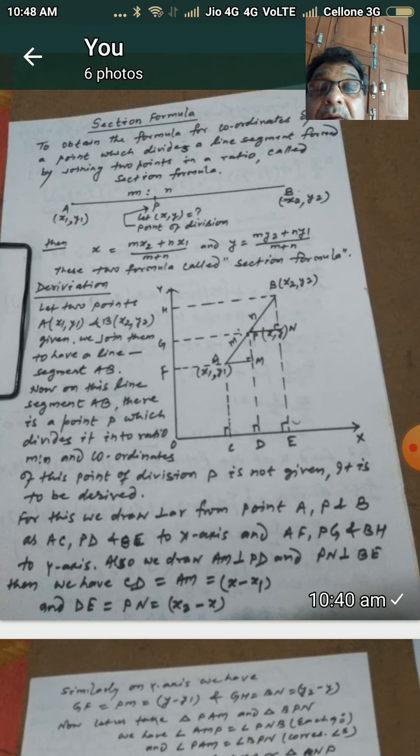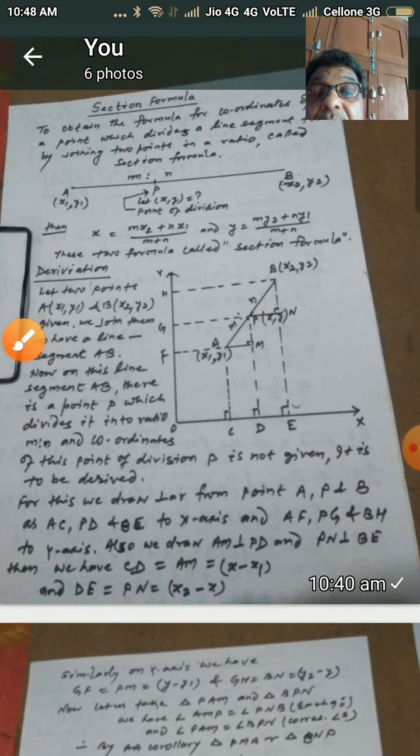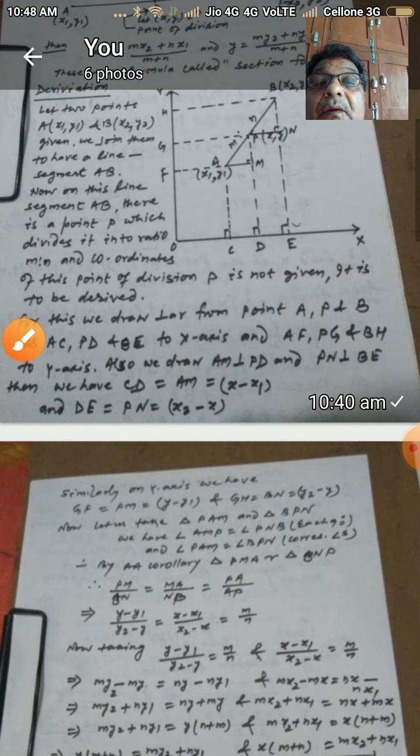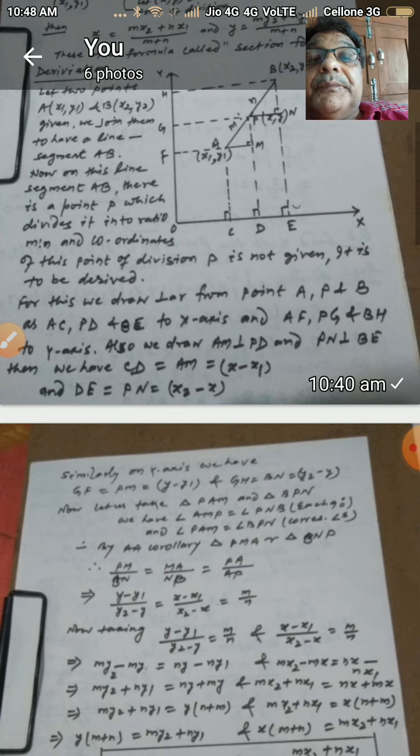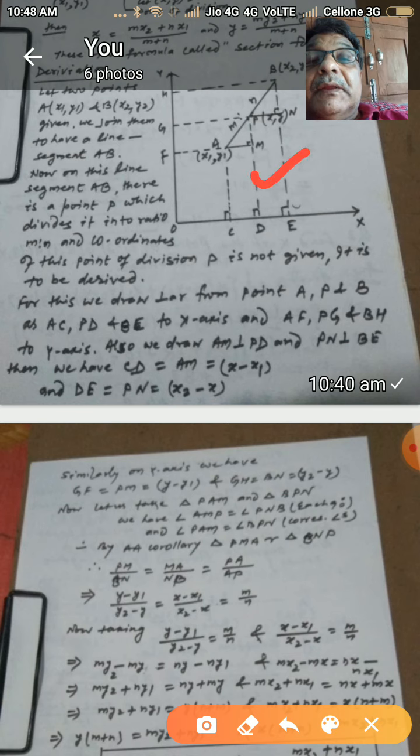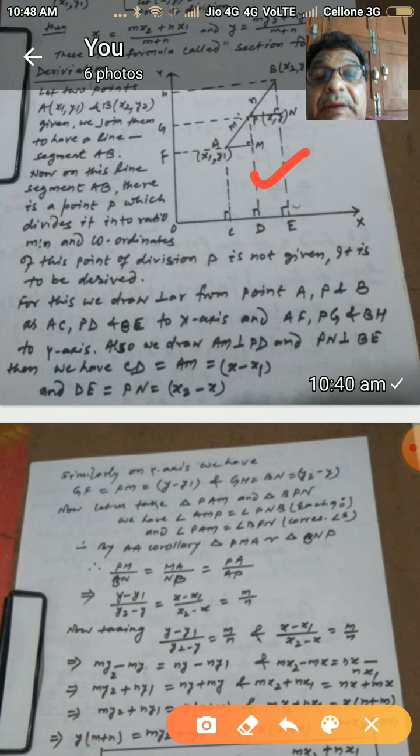Okay students, now we draw a perpendicular from point A to the line segment PD, which is shown by AM, and one more perpendicular from point P, which is PN, perpendicular to BE as shown.